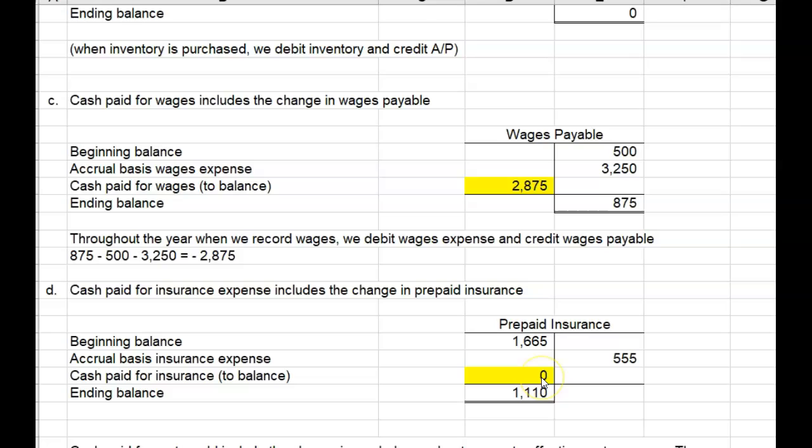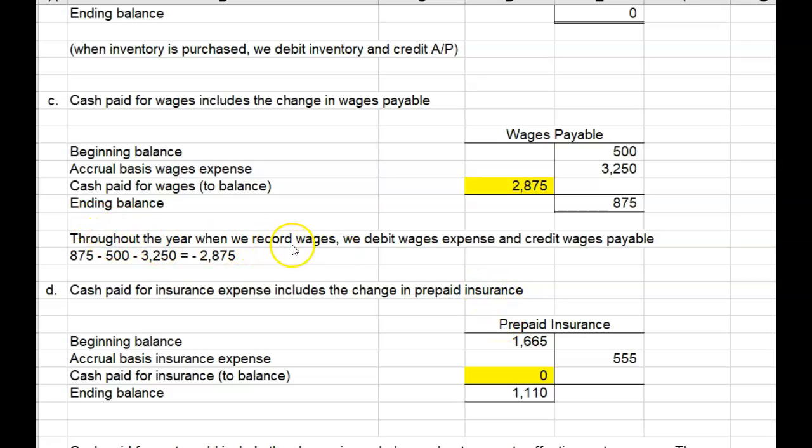Did you calculate 0? That is the correct answer. 1,665 beginning balance. $1,110 ending balance. Accrual basis insurance expense 555 as a credit to this account.